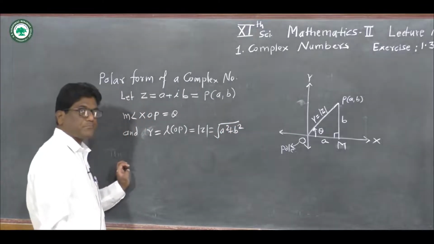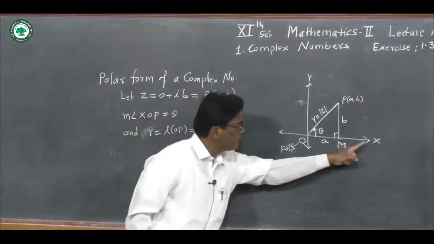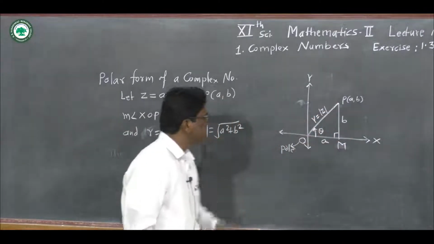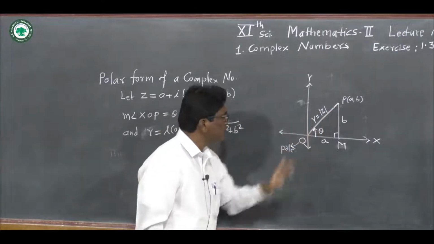We know it. So the measure of angle XOP is theta, and R is the length of OP.